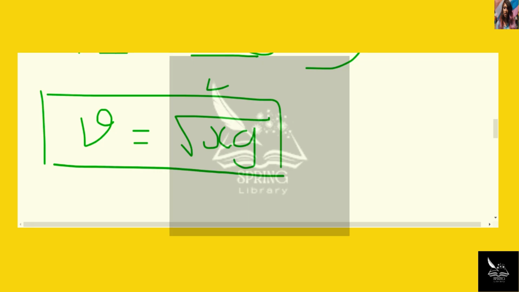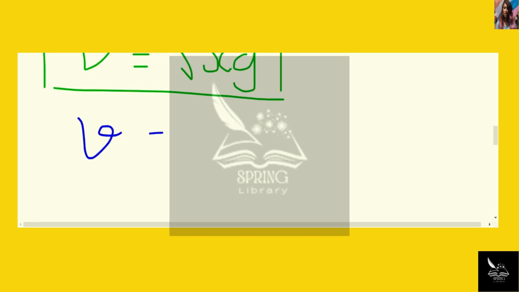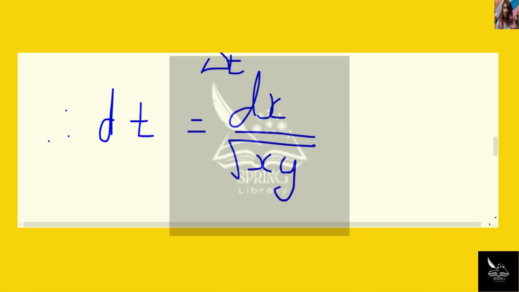Now, in order to evaluate the velocity of the wave, we use the following relation that represents v is equal to Δx upon Δt, or dx upon dt. By rearranging the time interval, we can get dt is equal to dx upon v, but as we know, v is equal to the square root of xg, so instead of that I can write dx upon the square root of xg.